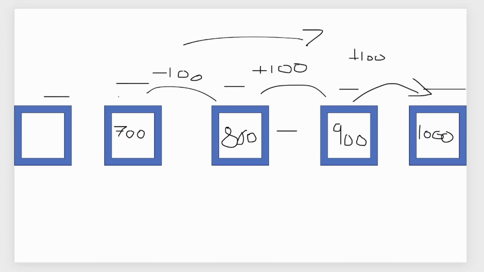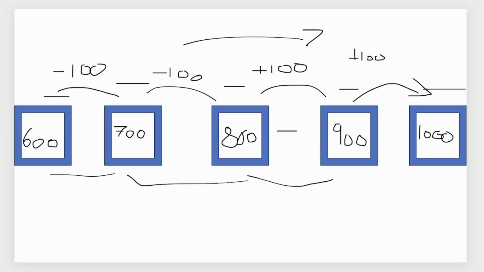And we're going to have to do the same thing to get the last answer here. So 700 minus 100 gives us an answer of 600. Now if we count this pattern, we go 600, 700, 800, 900, 1,000. So 6, 7, 8, 9, 10, which fits the pattern.